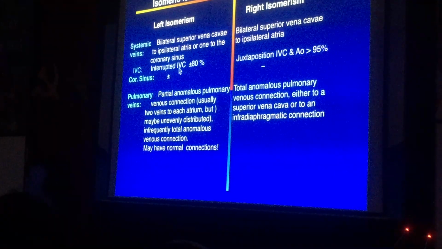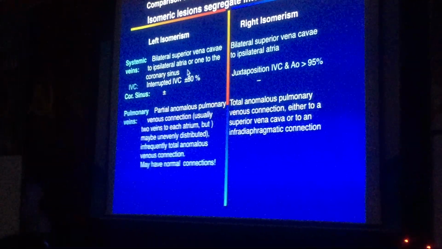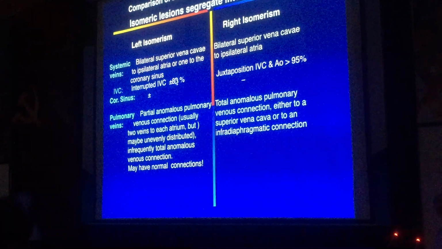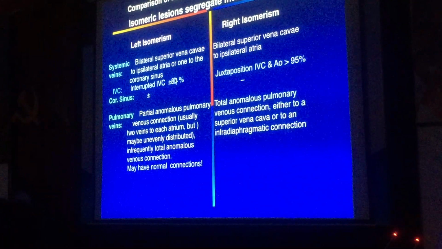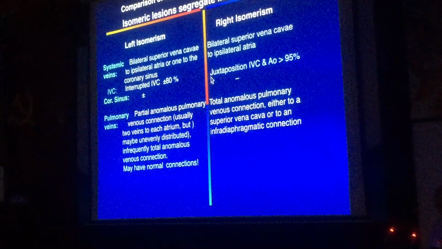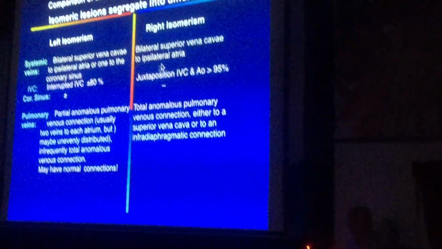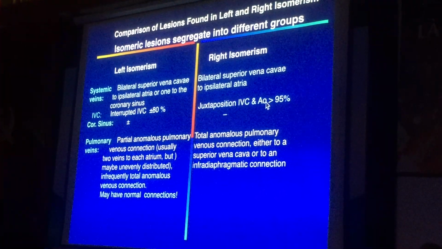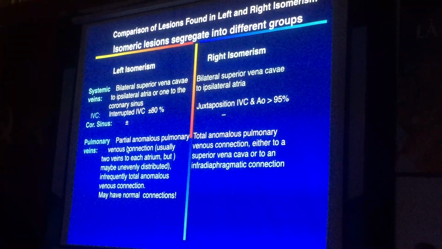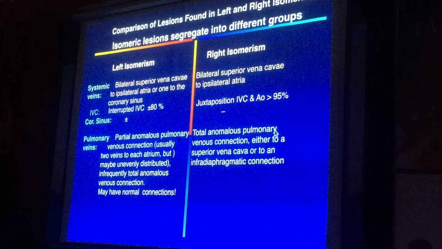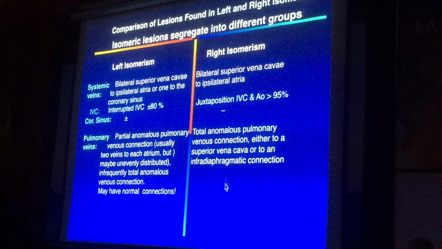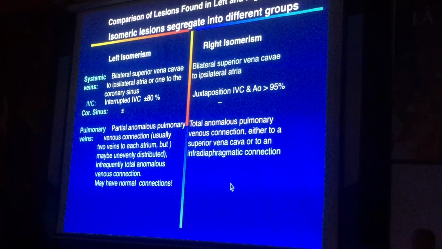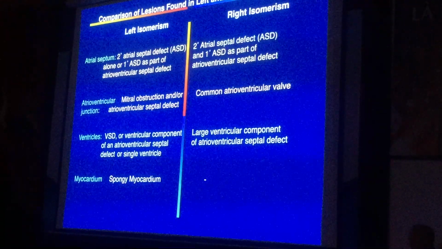The IVC is interrupted in 80%, 4 out of 5 people with left isomerism have an interrupted inferior vena cava with an azygos, just as I showed you in the last lecture. In 95%, juxtaposition of the aorta and the IVC on the same side of the spine occurs. The pulmonary veins may be normal or partial. They are most frequently totally anomalous and either supradiaphragmatic or infradiaphragmatic or draining to an azygos vein.